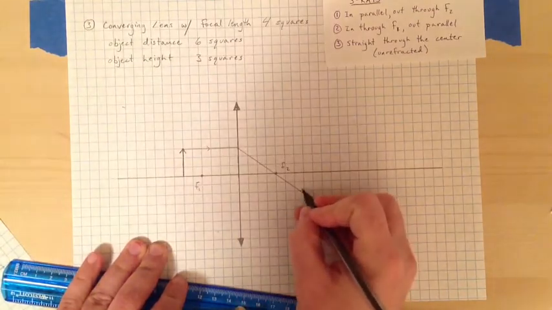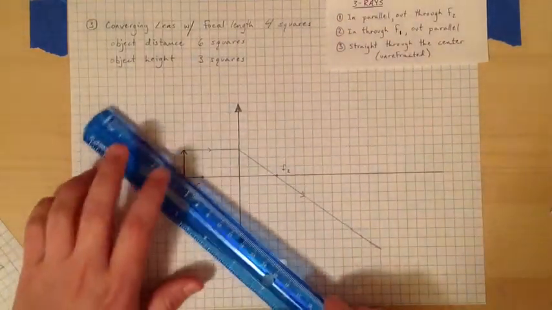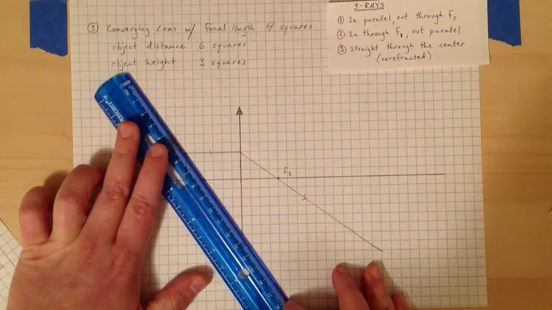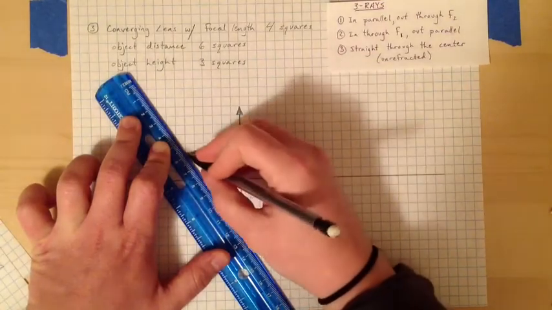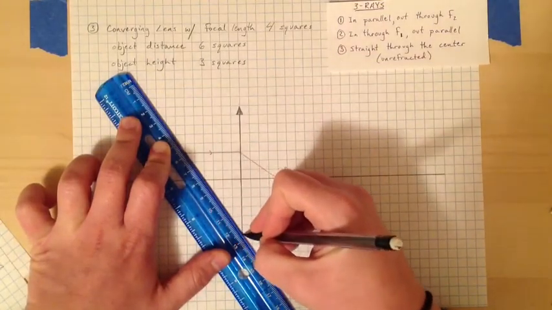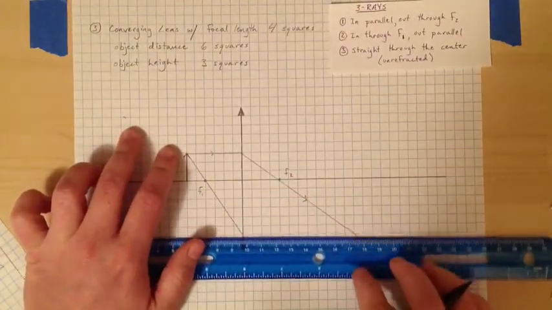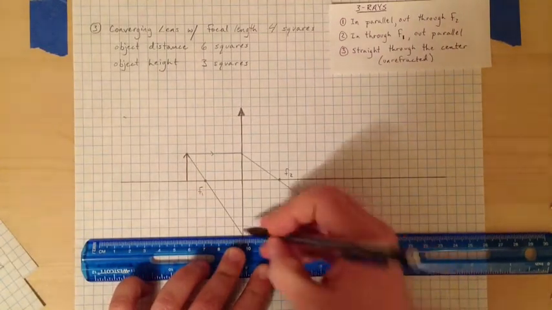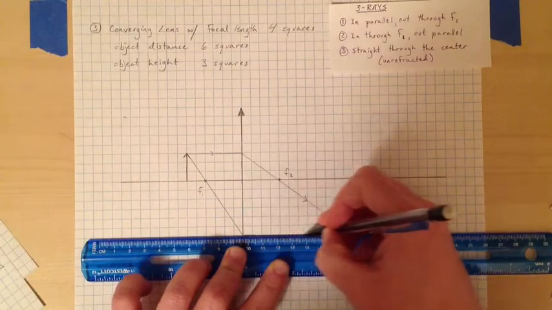Parallel, out through F2. The other one, because I'm outside the focal length, this one's going to be more like the first one that we drew. In through F1 and out parallel. And you see I already start to see where my image is forming.